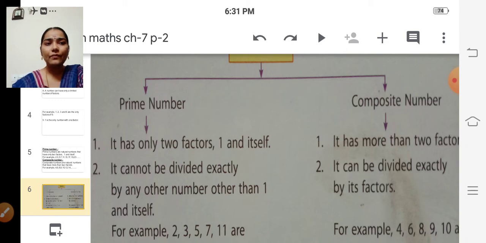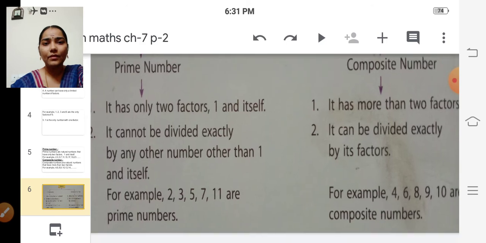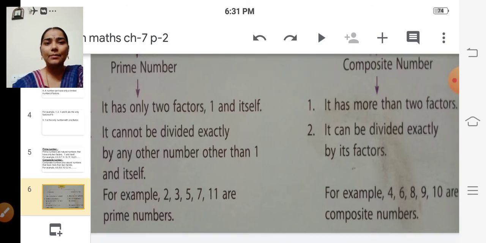So they have written that it cannot be divided exactly by any other number other than 1 and itself. But a composite number can be divided exactly by its factors. So composite numbers can be exactly divided by all its factors. So these are the prime numbers: 2, 3, 5, 7, 11 are prime numbers.